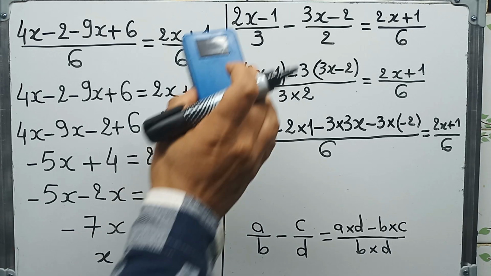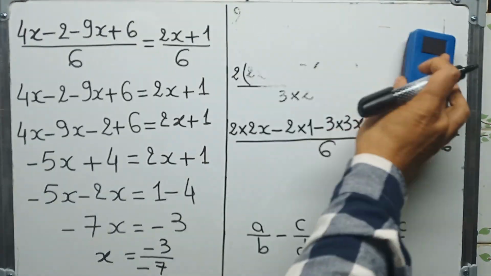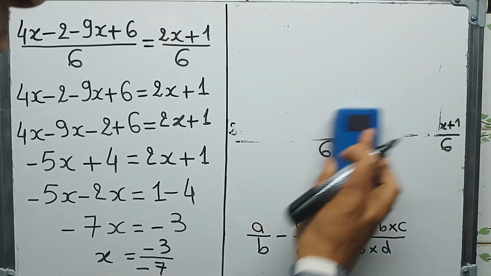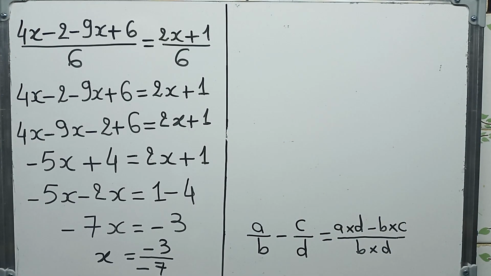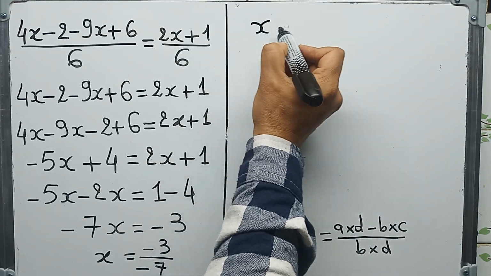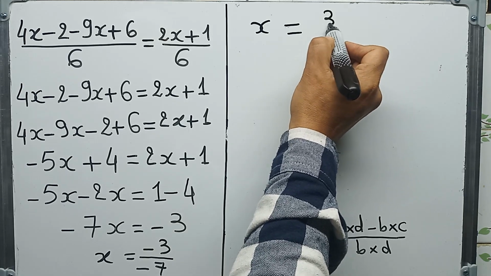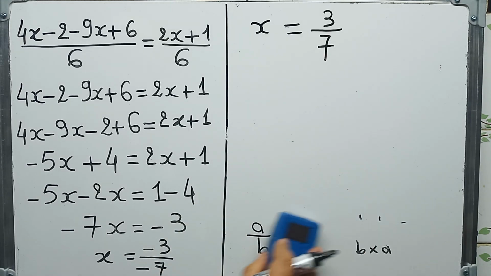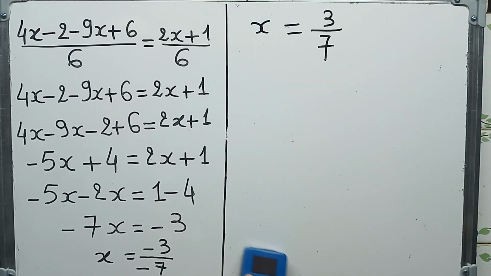And finally, we have our solution. We have x equals 3 over 7.